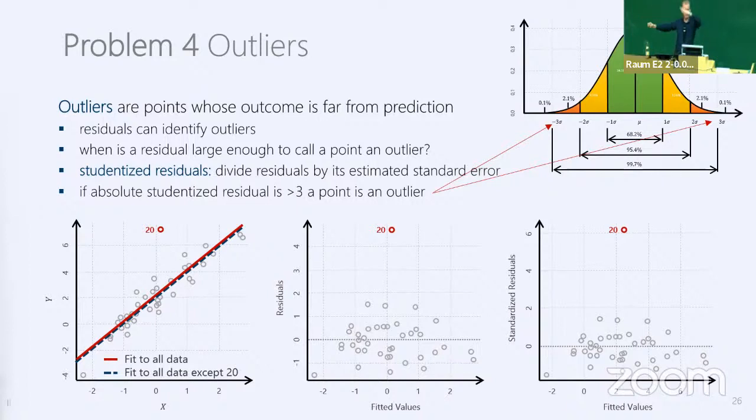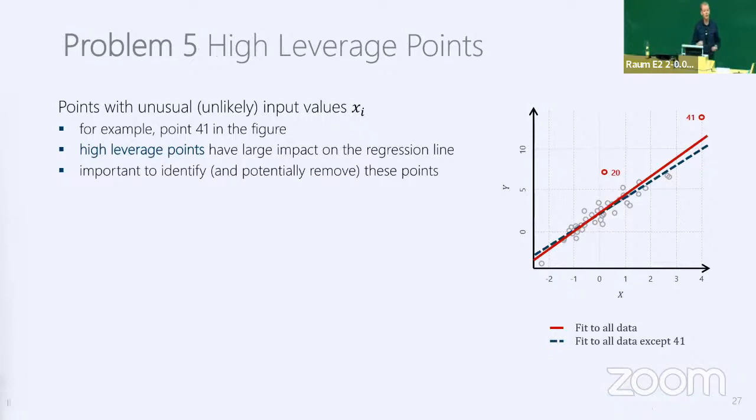That will affect the line massively because there are no other data points around it to compensate. So we can trick the model by adding what we call a high leverage point. Why does it have high leverage? The further away it is from where we have other data points, the more it pulls the line down or pushes it up.